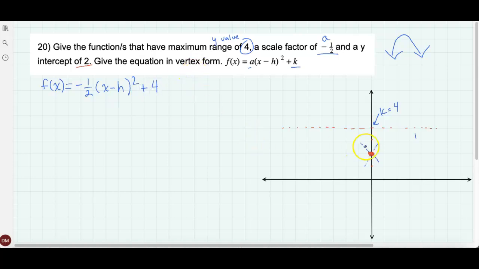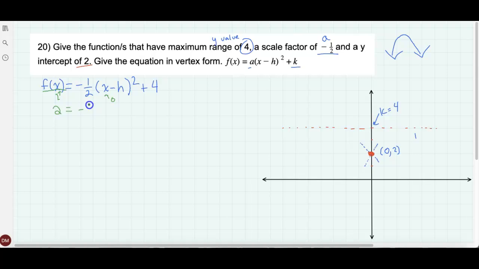And I also have the y-intercept here, which is at (0, 2). So I have an x and a y value. What if I substitute this, f of x is y, right? So if I substitute 2 in for f of x, and 0 in for x, into this whole thing, then I should be able to isolate h, right?